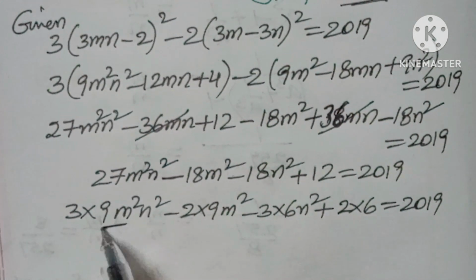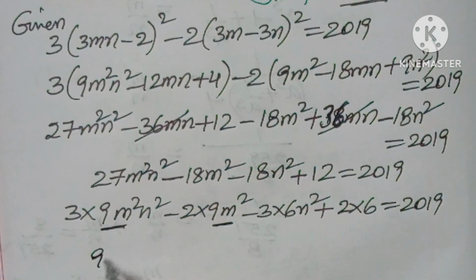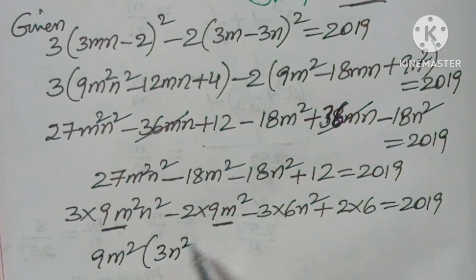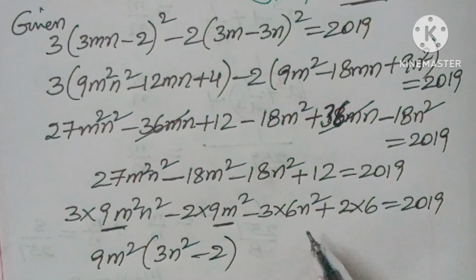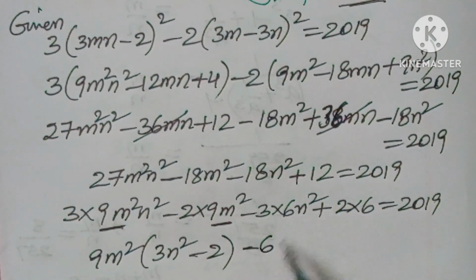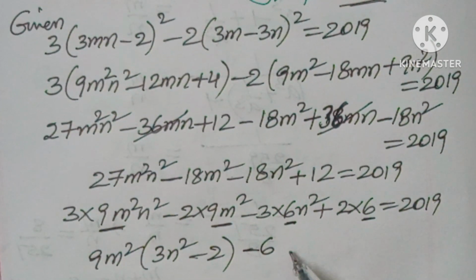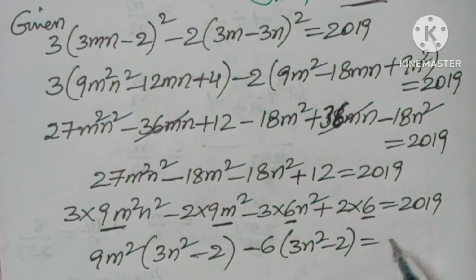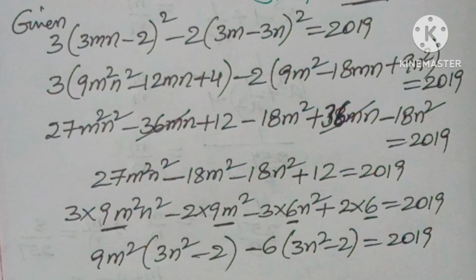So here 9m squared you can take common: 9m squared into (3n squared minus 2). Here you can take 6 common: (3n squared minus 2) is equal to 2019.